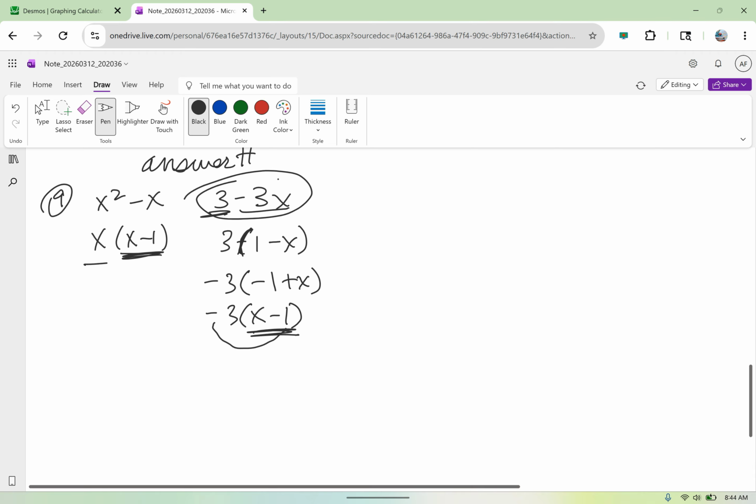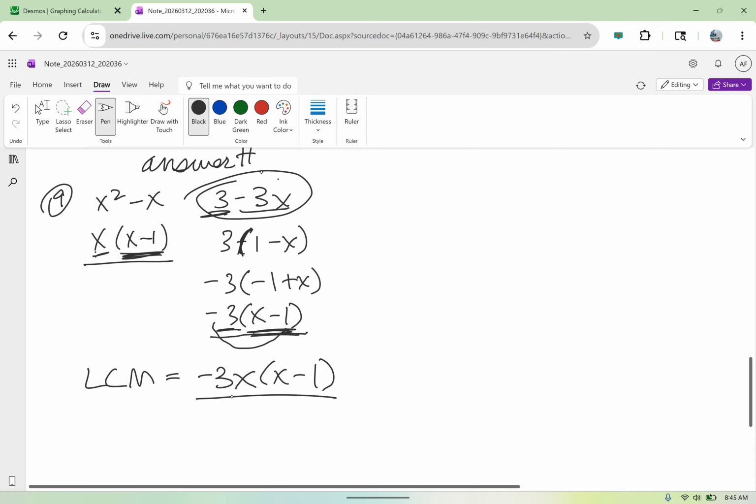So this factor set is x times x minus 1. This is -3 times x minus 1. X minus 1 is in common. I need to multiply this, the x and the -3, to make a lowest common multiple. So the answer is -3x times x minus 1.